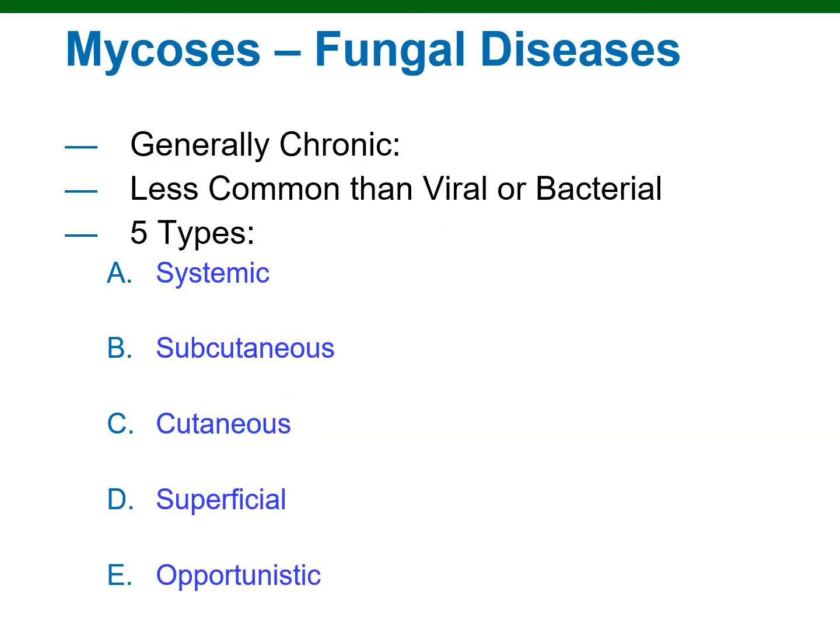The remainder of this chapter will be spent looking at the various fungal diseases, or mycoses, and they can be subcategorized into 5 different major levels of infection. We can start with some of the most serious infections, which are classified as systemic.